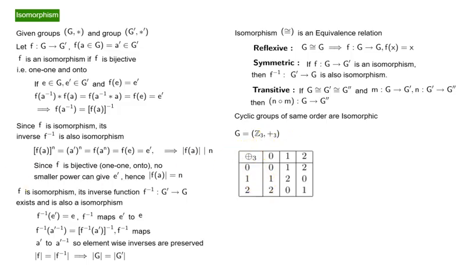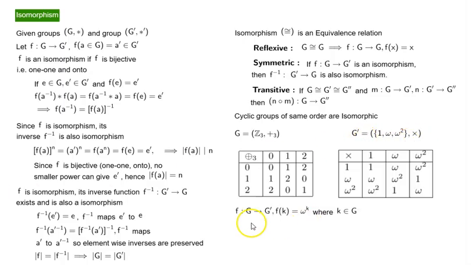And let's say the set of cube roots of unity under multiplication is G prime. Now here the homomorphism F actually becomes an isomorphism. So F maps G to G prime, where F of k is equal to omega to the power of k, where k is in G.